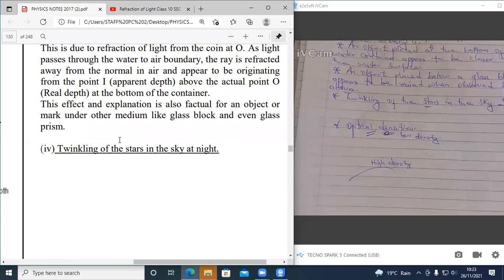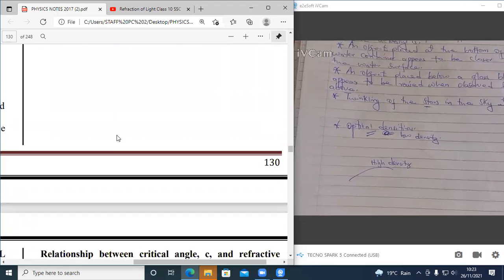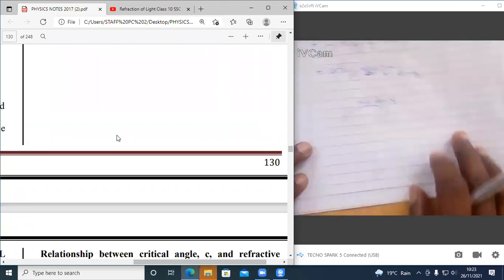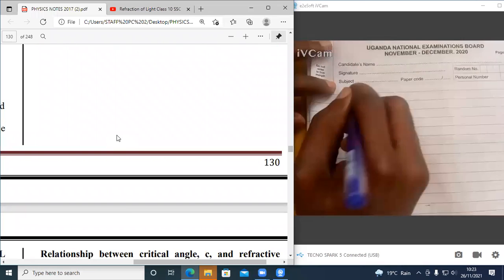Members, we have only one minute remaining. So next time when we meet, we shall look at, write this heading down: Refraction through a triangular glass prism.